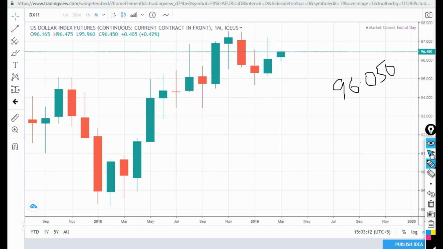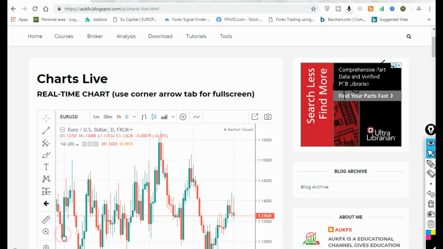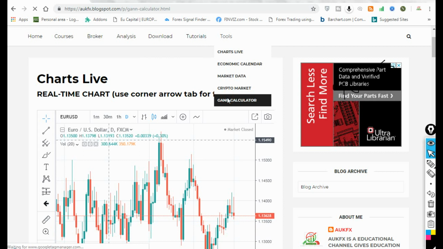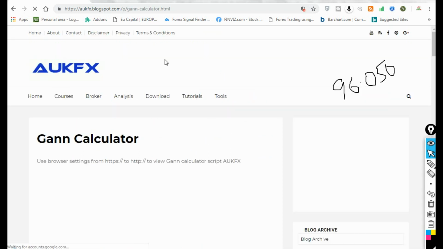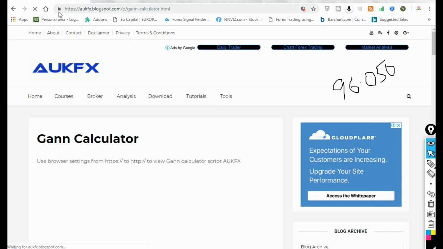Now go back to the website and click on the Gann calculator. Here is just a trick, because my website is a secure website, based on Google's SSL certificates, but the problem is that the script of this calculator, which I like the most, is not working on secure, so it's working on just hypertext transfer protocol.